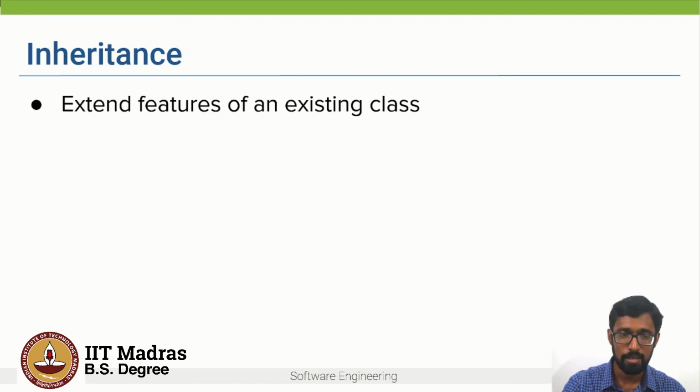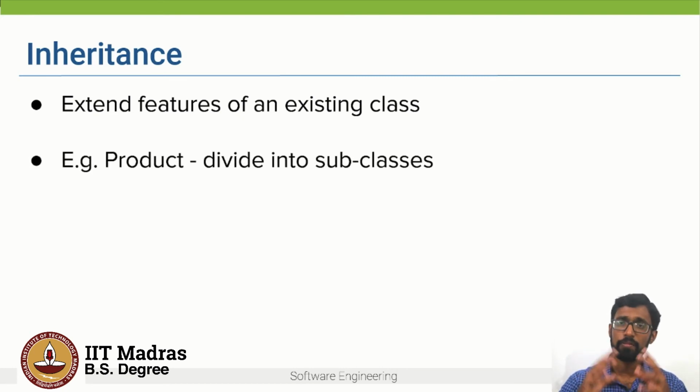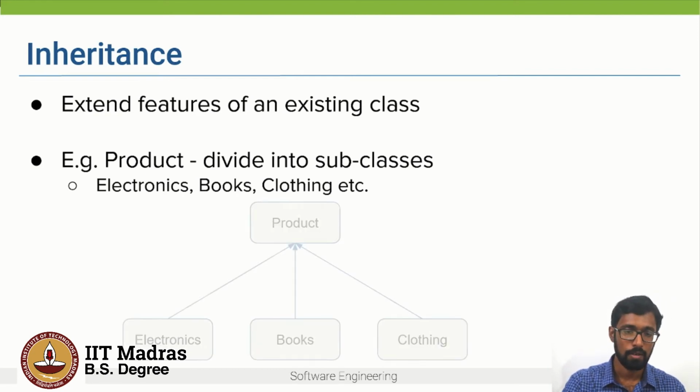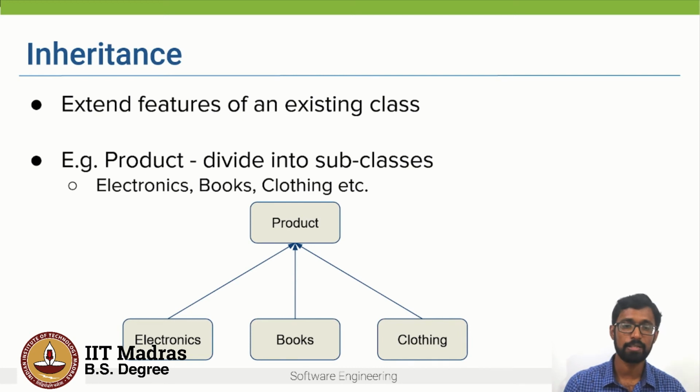For example, instead of having a single class known as product, we can divide this into several subclasses like electronics, books, clothing, etc. Electronics is a special type of product. Books is a special type of the product class. And it is represented in this manner.